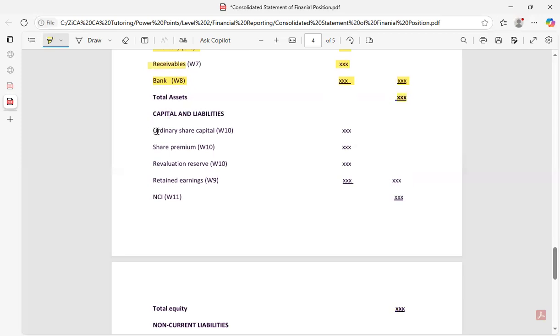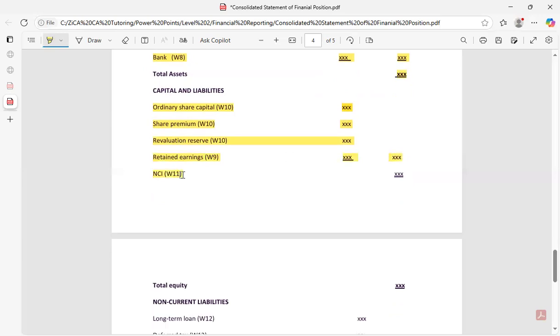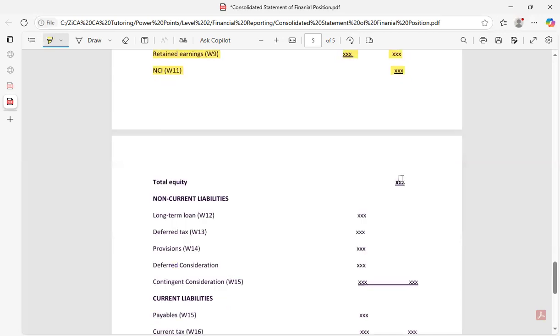Then capital, the ordinary shares, working number 10, you find it here. Share premium, the same share premium that you found in working number 10, revaluation surplus, everything that you found there, retained earnings, working number 9, you bring it here, and you're going to find the total here. And then NCI, non-controlling interest, the same non-controlling interest that you found, you bring it here. And then you're going to have the total equity.